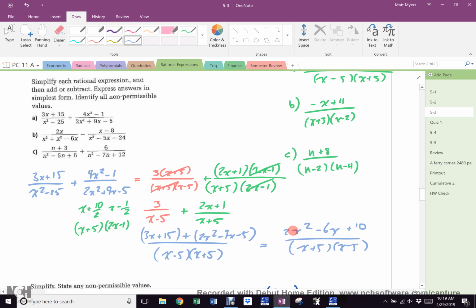And then, of course, that factors. What comes out? 2. X squared minus 3x plus 5. That doesn't factor because there's no factors of 5 that add to 3, over x plus 5, x minus 5. Please notice you have done nothing new, but you have to do everything you need to do.